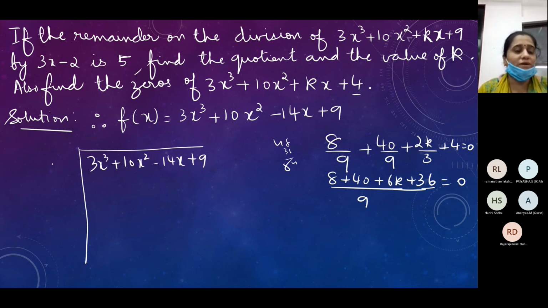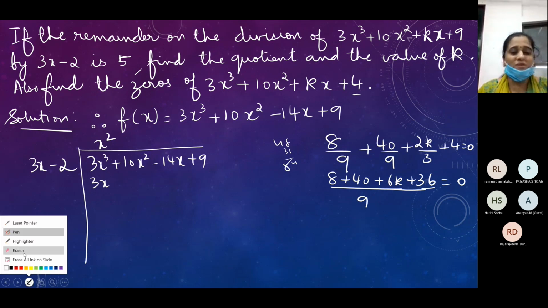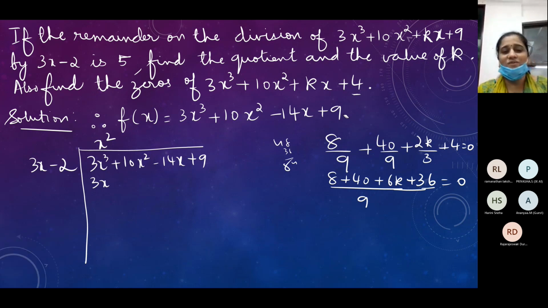You know the remainder is 5, but you don't know the quotient. So let's find the quotient. Divide by 3x minus 2. You can do it like this also. Please wait for the end, okay? Let's finish it and then you'll understand.